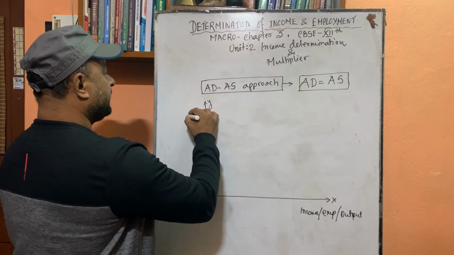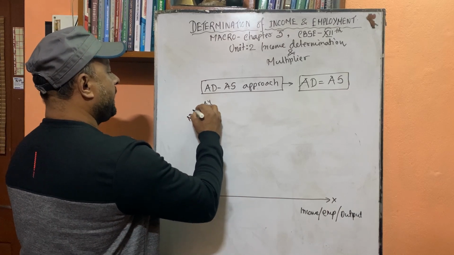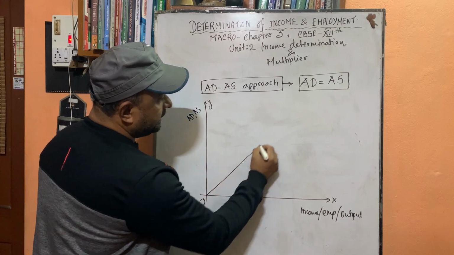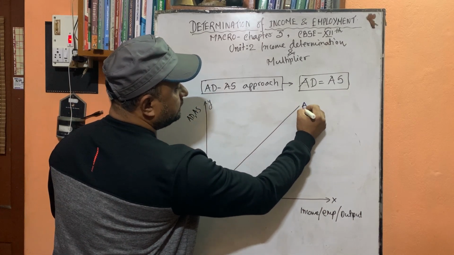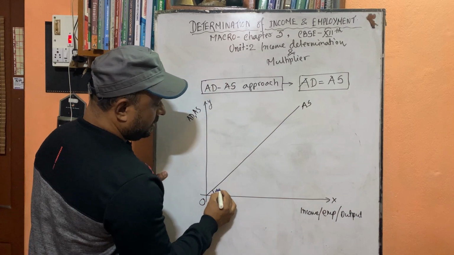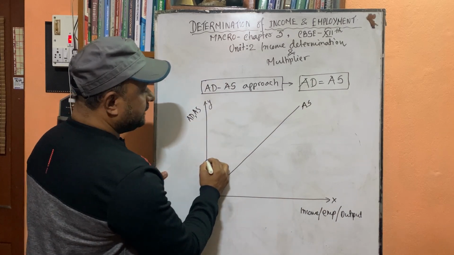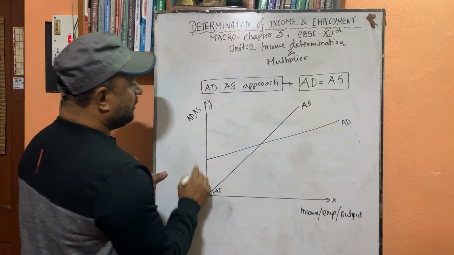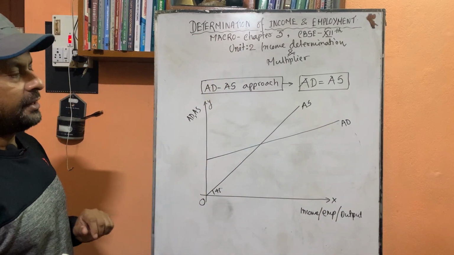And on the y-axis we are measuring aggregate demand and aggregate supply. Now this is our aggregate supply curve, the 45-degree line, and this is our aggregate demand curve, which is a little above on the y-axis, it never starts from zero, as we learned earlier.